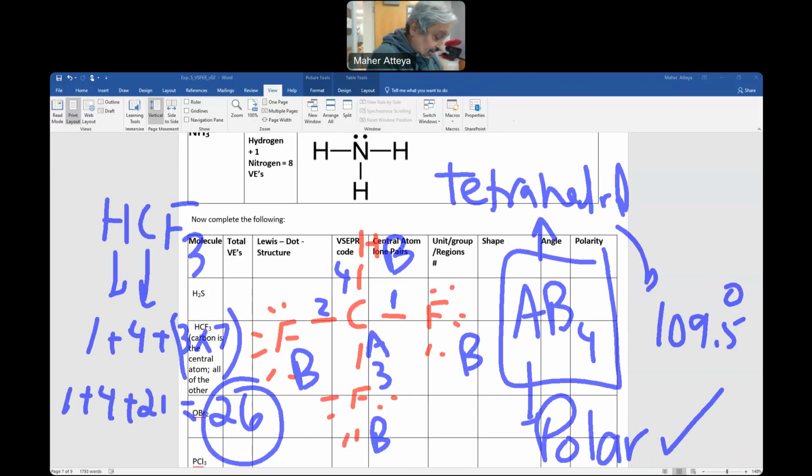And now here you will see that this is the hydrogen, and you can see even the size of this, guys.